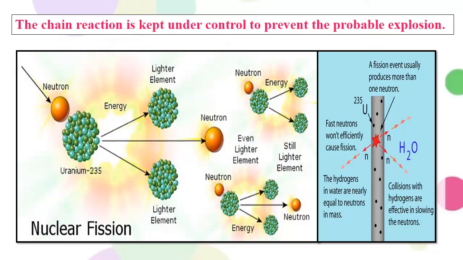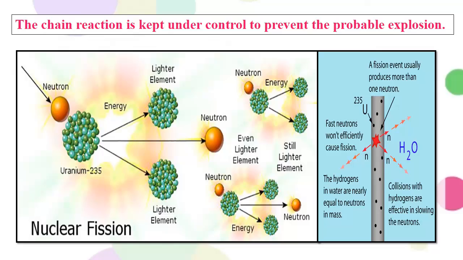Uranium splits into two lighter elements, krypton 92 and barium 141. Again, the neutrons further attack, and even lighter elements are generated, and every time energy is released. The chain reaction is kept under control to prevent a probable explosion.